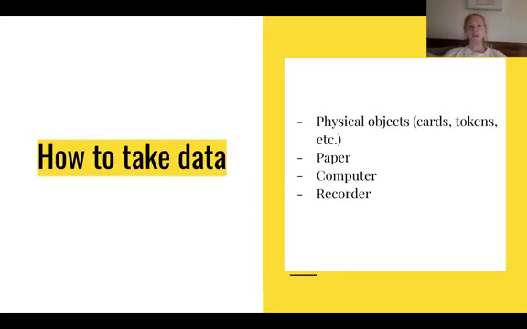And same thing for the tokens. If you are going to do the correct pile versus incorrect pile, try to make it as subtle as possible. Or if you're going to do it with the tokens, you can put one in every time they get it right. Maybe there's a top side and a bottom side, and whichever way it's facing is a clue, whatever works for you.